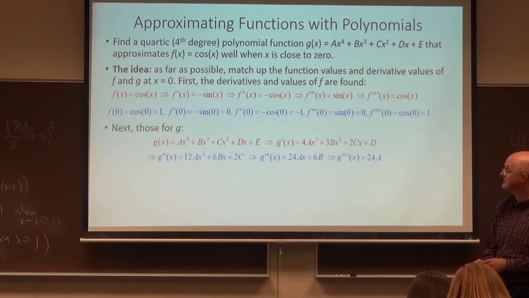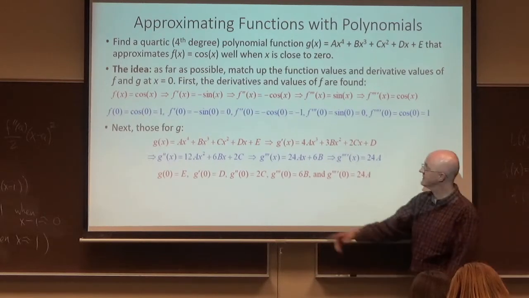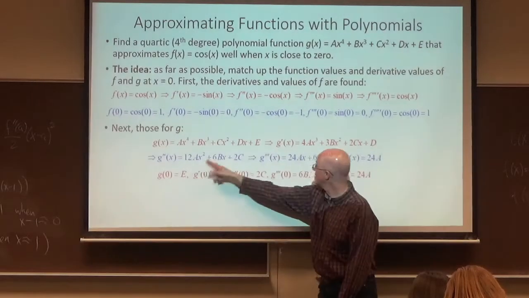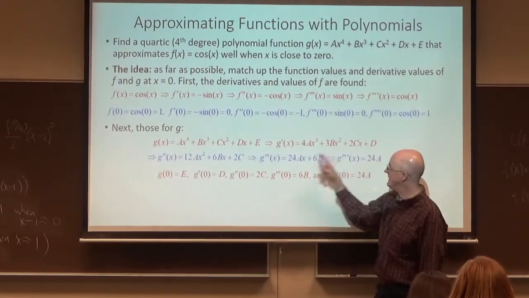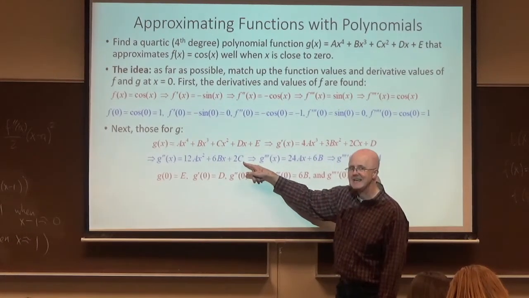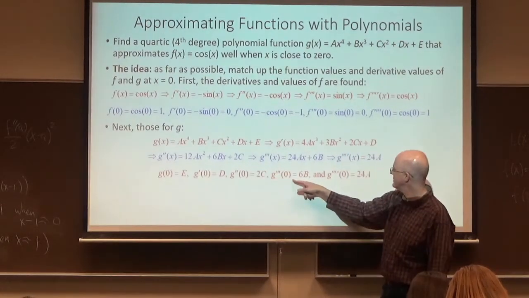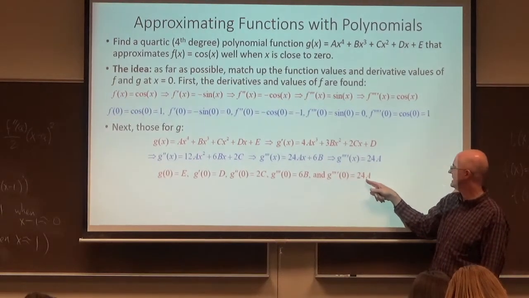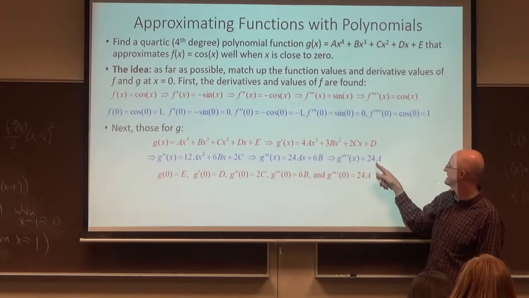Now plug in x equals 0 into all those, and here is what you get. You always get the constant term, right? g of 0 is just capital E. g prime of 0 is just capital D. g double prime of 0 is 2C. g triple prime of 0 is 6B. And the fourth derivative of g at 0 is 24A.